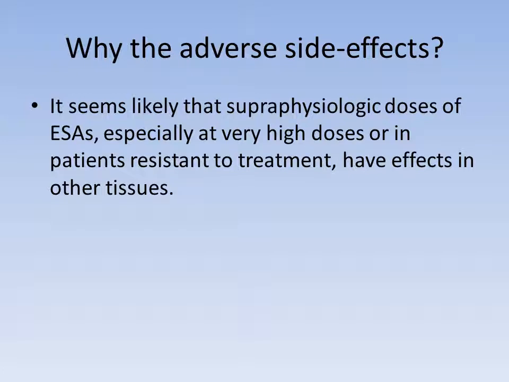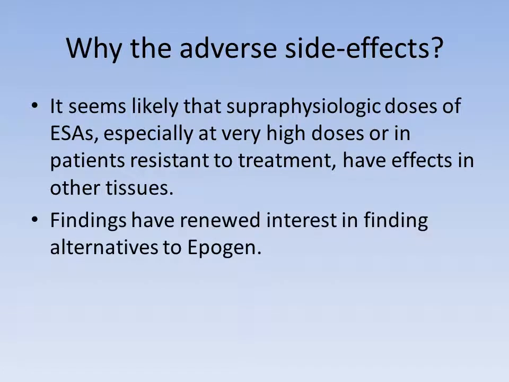Again, there are receptors for Epogen on the heart, blood vessels, brain, etc. We know that giving anything in massive supraphysiologic doses has the potential for untoward effects, and that's why there's been a renewed interest in finding alternatives to Epogen. More of that to come in the future.